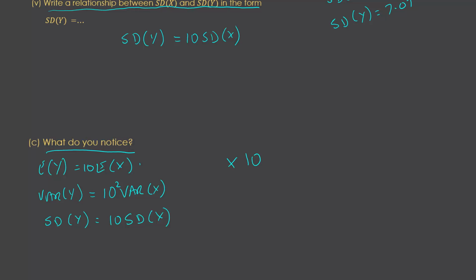So multiplying by 10 affected the expectation, it affected the variance, and it affected the standard deviation. So both location and spread. And the only time that it wouldn't affect the location is if we had a situation where the expectation of x was 0, because then, of course, 10 times 0 is still 0.